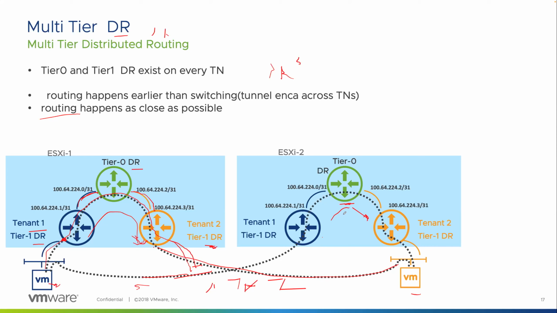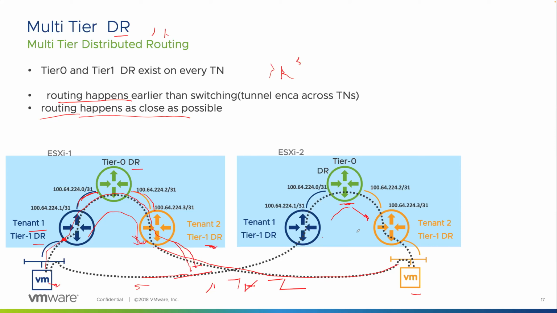So you can see that they are two different forwarding paths for the inter-tenant traffic, representing these two rules. Routing happens earlier than switching, and routing happens as close as possible.